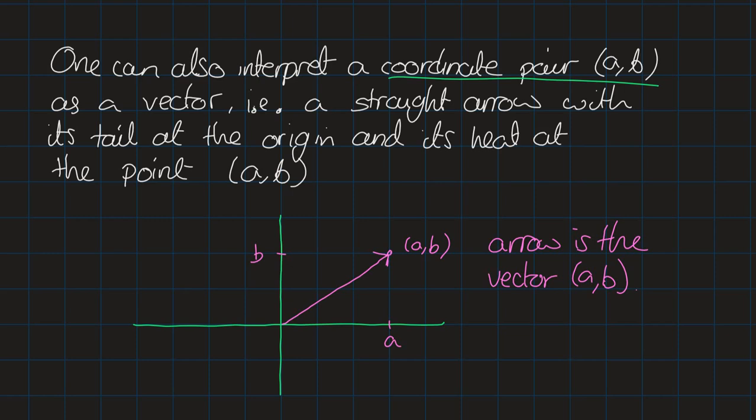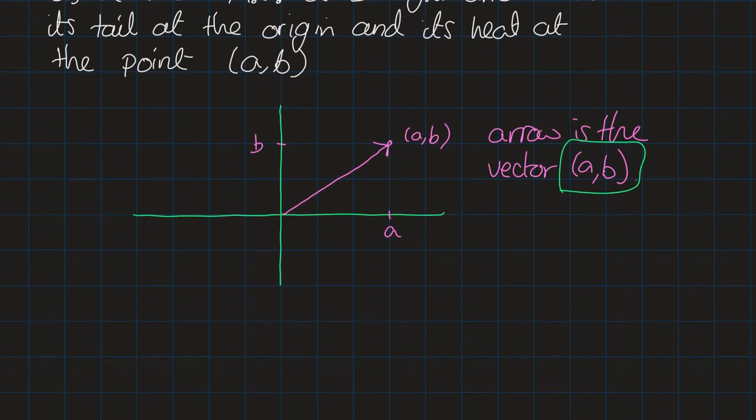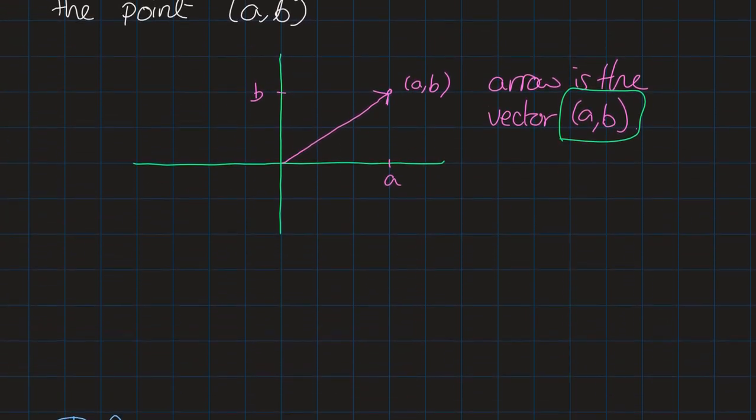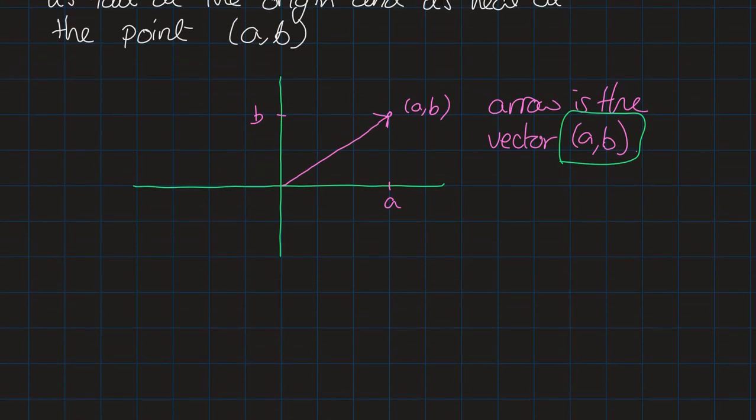And I understand that there's obviously a source of ambiguity here because I use the same notation to denote both the point and the vector. So I use this here to denote either the point or the vector. But in practice it's not that much of a problem, so I'm going to continue doing it. One thing I will say about notation is when you're talking about vectors, you tend to use a standard set of variable notations.